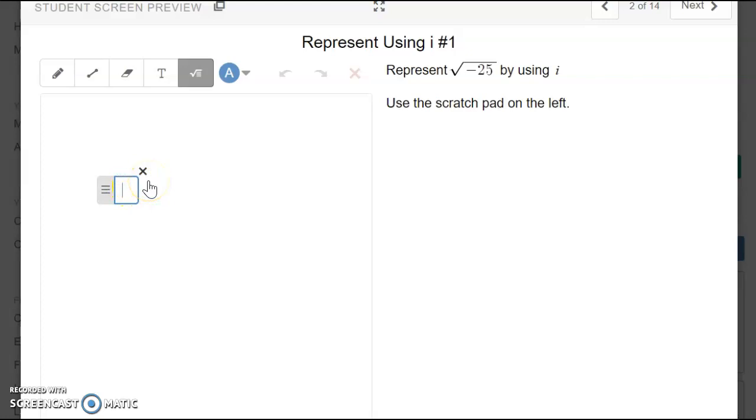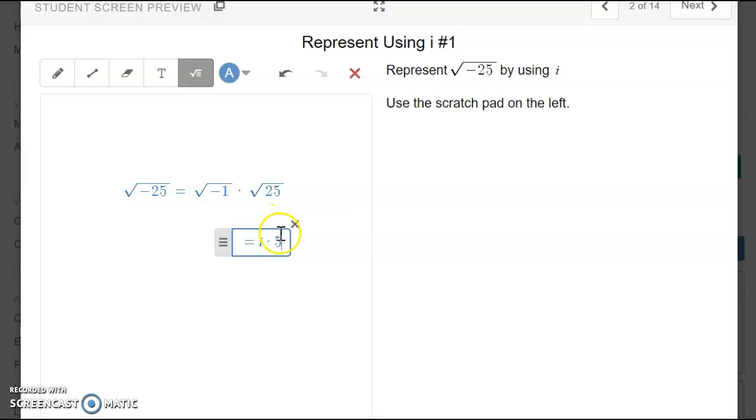So square root of negative 25 is the same as square root of negative 1 times square root of 25. Then I know this is the same as i times square root of 25, which is just 5.